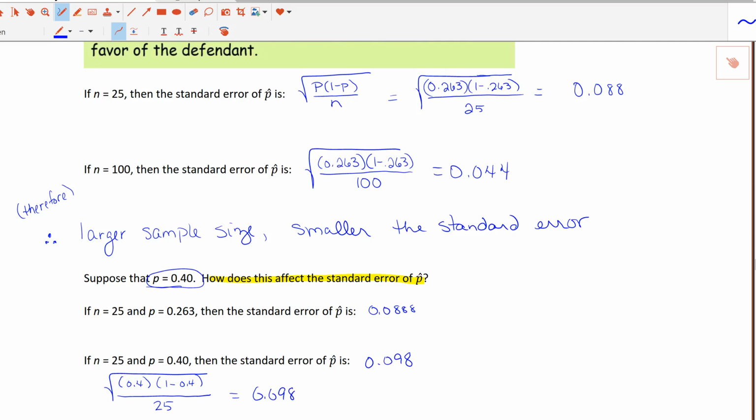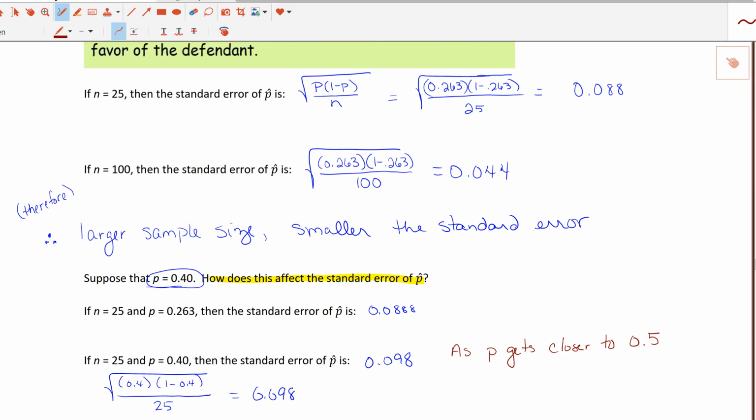So the standard error has increased. So what actually is happening here is that the standard error changes and gets bigger as p gets closer to 0.5.